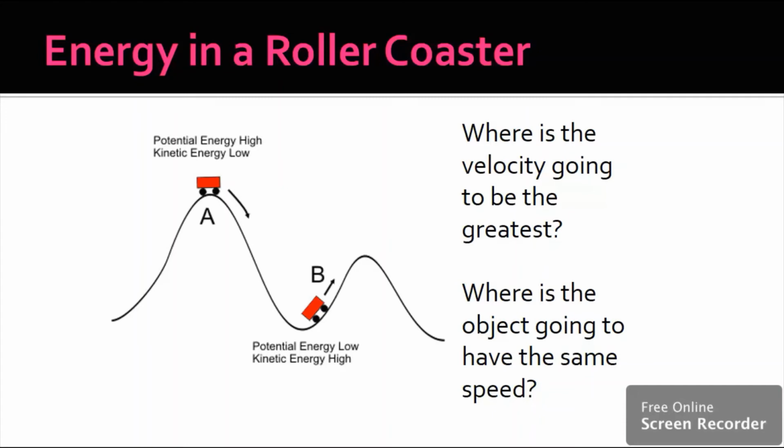Of course, we are assuming that this is a perfectly frictionless system, so the wagon's not slowing down. So if you draw a horizontal line across, wherever that line hits the curve of the hill, that's going to have the same height, and therefore it's going to have the same speed. That's pretty advanced for right now. This is still introducing the concept on the first day.